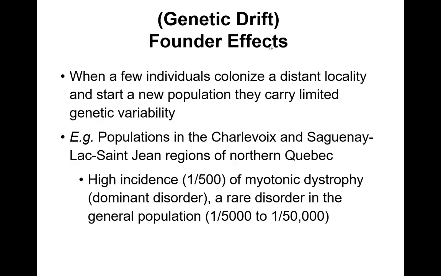The second type of genetic drift is the founder effect. This takes place when a few individuals detach from one population and establish themselves elsewhere. If you take a small group of people from a large population, it's similar to the bottleneck effect.